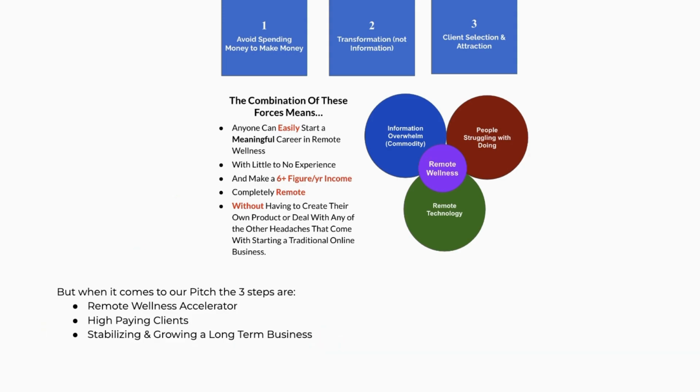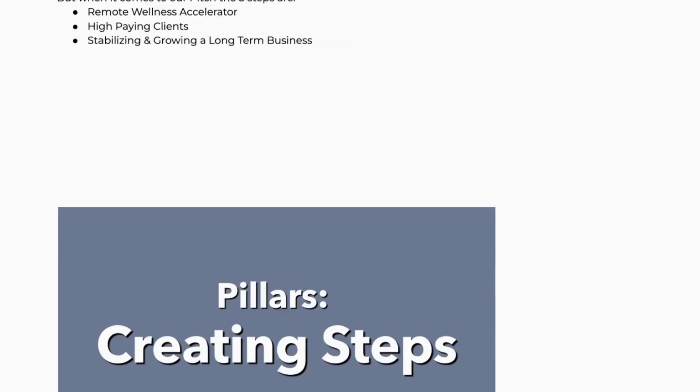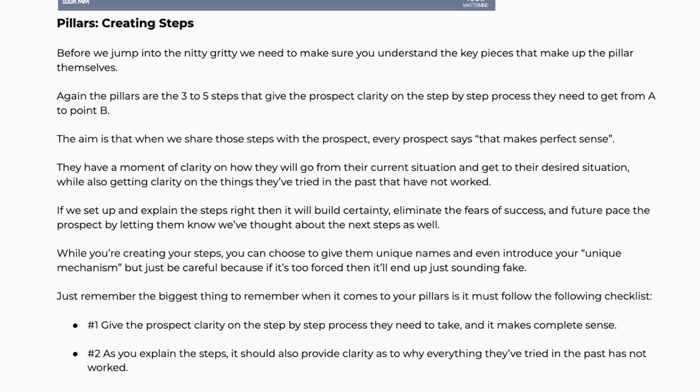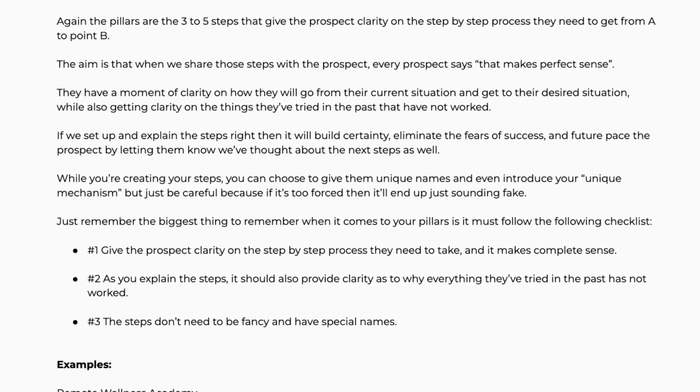All right. Now, before we can actually jump into creating the pillars, we've got to get into the nitty-gritty and make sure that you understand the key pieces that make up the pillars themselves. We know that the pillars are the 3 to 5 steps that give the prospect clarity on the step-by-step process that they need to get from point A all the way to point B. And our goal is to share those steps with the prospect.